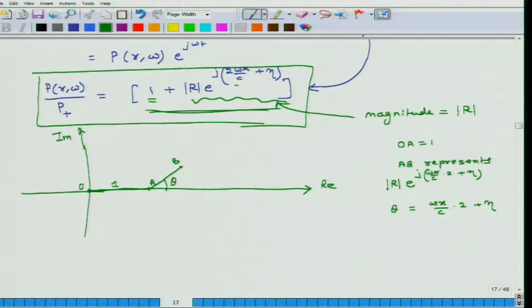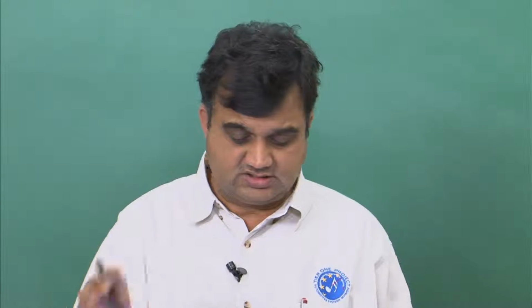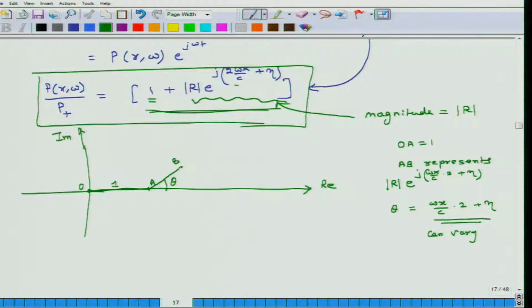What I was saying is that x can have all sorts of values. What this means is that this theta can vary between 0 degrees to 90 to 180 to 270, so it can vary and go in circles like that. So this vector AB can, depending on the value of x, follow a circular path.